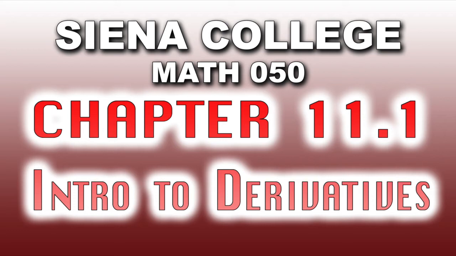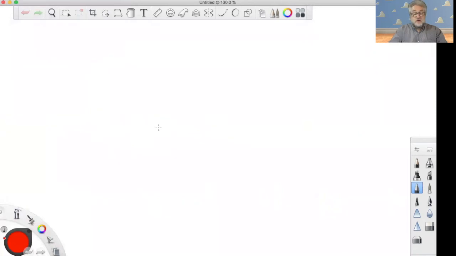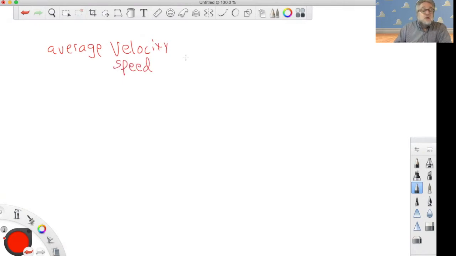So let's start out with some definitional things here. First of all, if I want to calculate my average velocity, or you could say speed if you want, it would work. Units for speed are miles per hour.